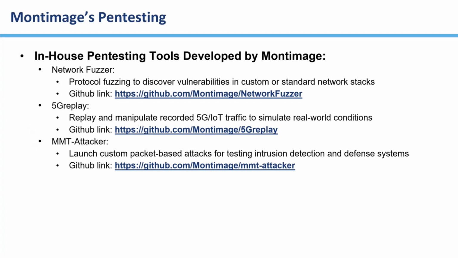Then we have a variant of the network fuzzer called 5G replay, which is more dedicated to 5G and IoT, where we replay and modify 5G IoT traffic to simulate real world conditions and attacks.